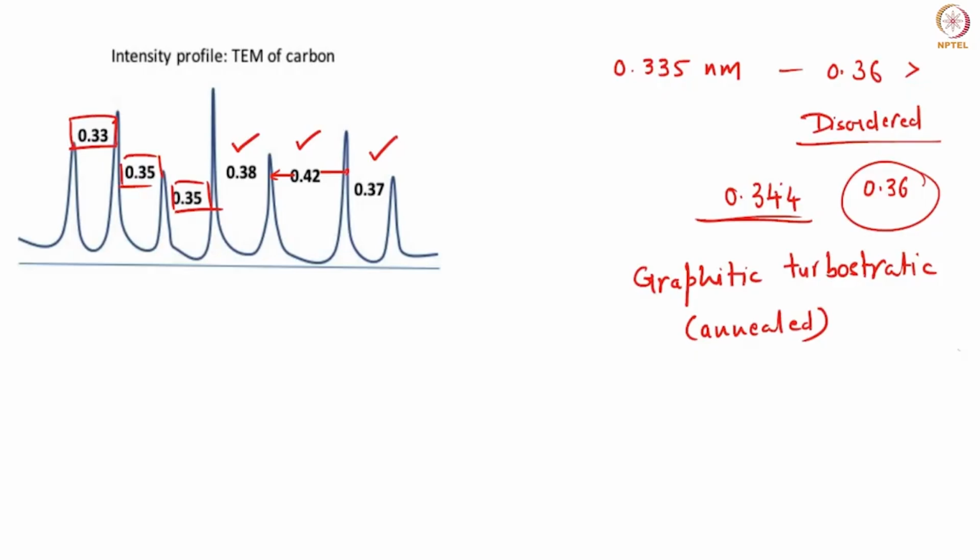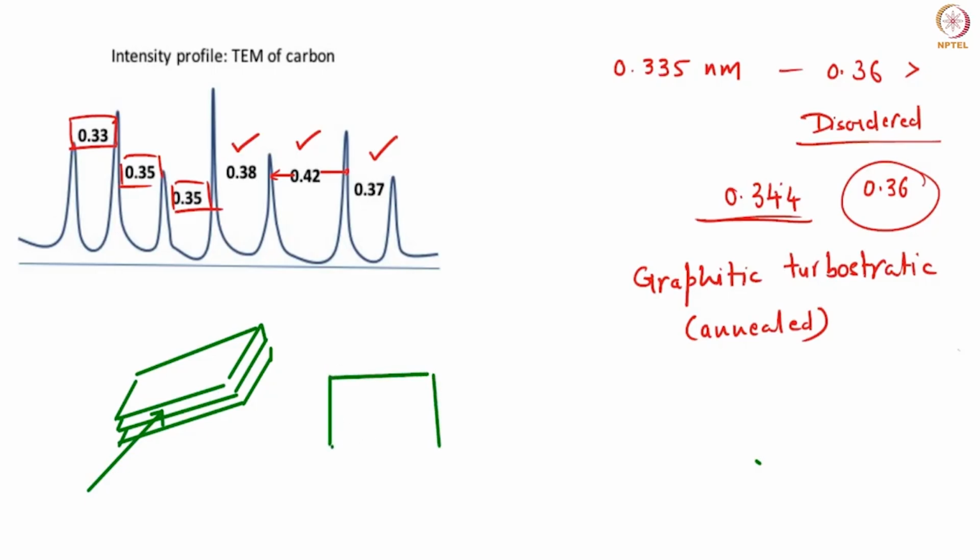So let's say if I had my stack like this. For the first three values, say it is 0.33, 0.35, 0.35. In that case, I would assume that I'm looking at the cross section. So when I say the first three values, I'm looking from here. But when we see the other three values, it is quite possible that we are looking at some sort of top view.